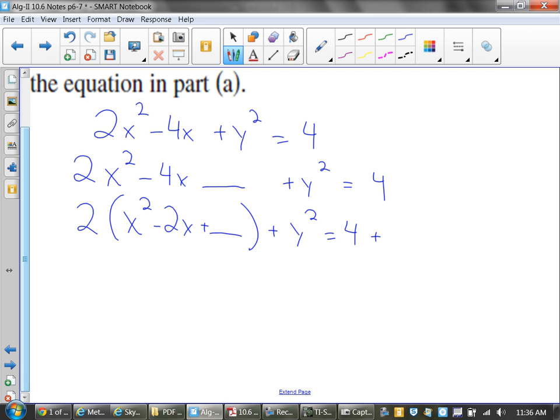By factoring out the 2 on the left-hand side, when I go to complete the square, you take half of b. What's half of -2? Square it. You add that to both sides.